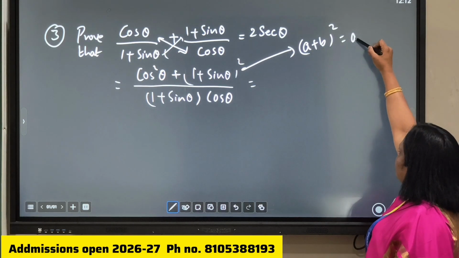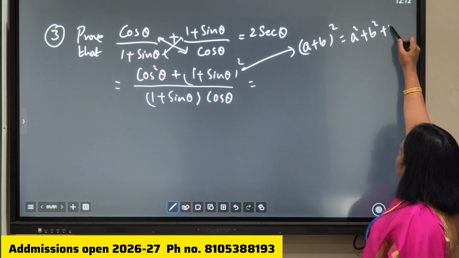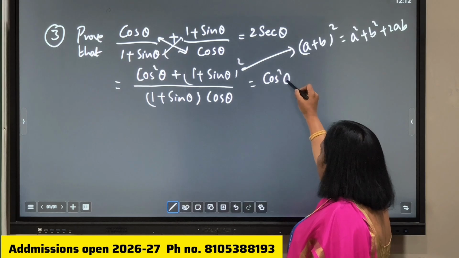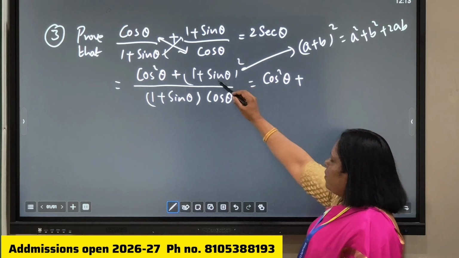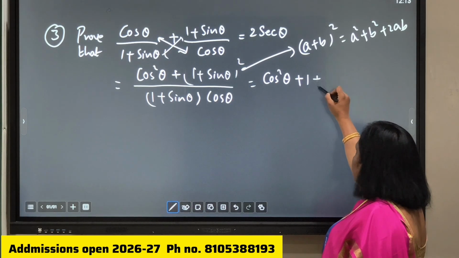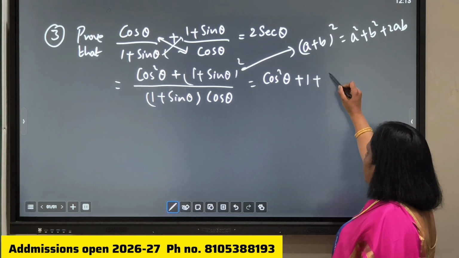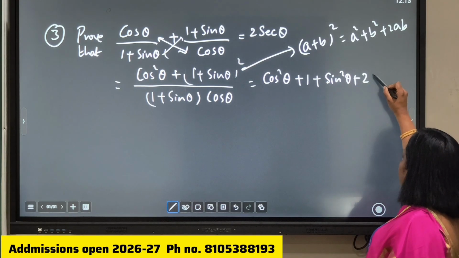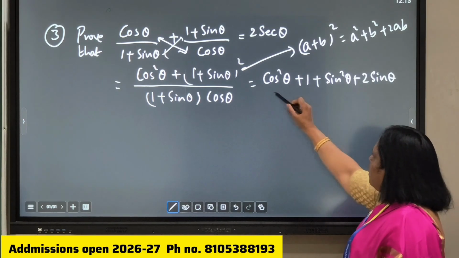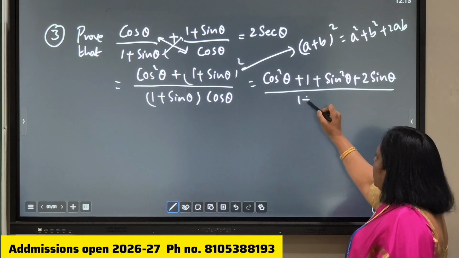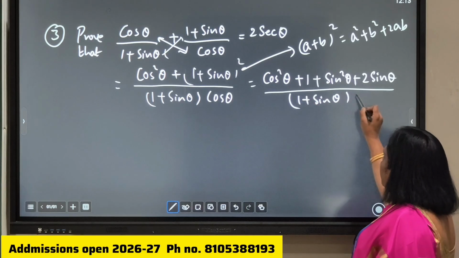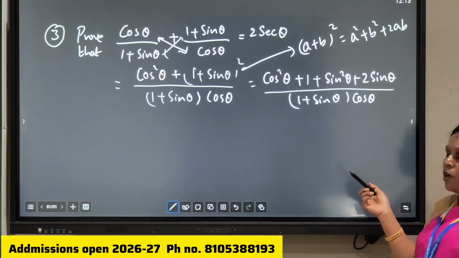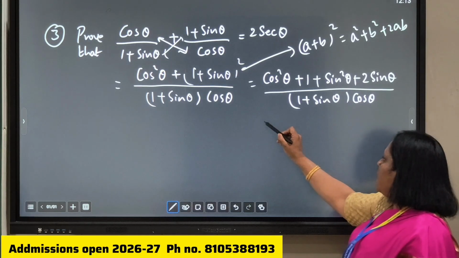A plus b whole square is a square plus b square plus 2ab. So in the numerator we have cos square theta, and I am writing 1 plus sine theta in the form of a plus b whole square. 1 square is 1 plus b square, here it is sine square theta, plus 2 into a is 1 and b is sine theta, so it is 2 sine theta, divided by 1 plus sine theta into cos theta. I am retaining the denominator as it is because I just want to see what I will get in the numerator, so that I can cancel it easily.